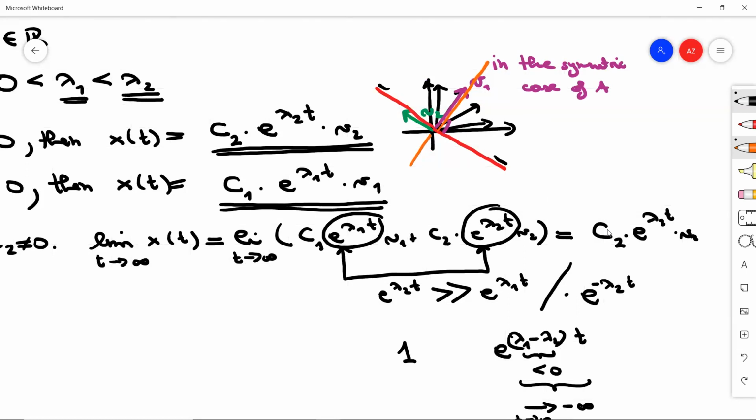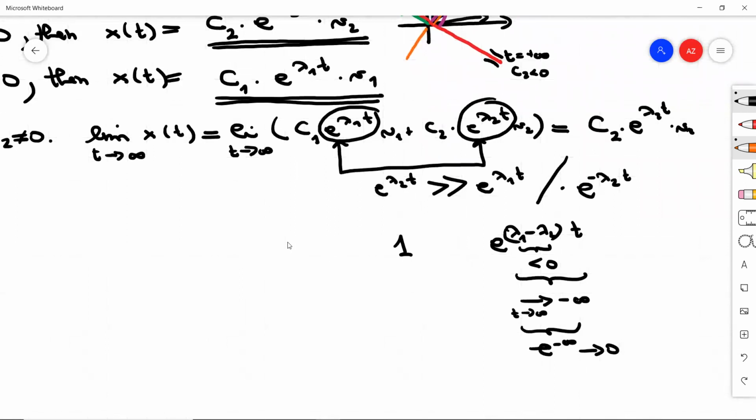So we will be here, t is minus infinity, or here. So we don't know yet. And if C2 is bigger than 0, then we will be here or here. So C2 bigger than 0 and C2 smaller than 0. So this is one case.